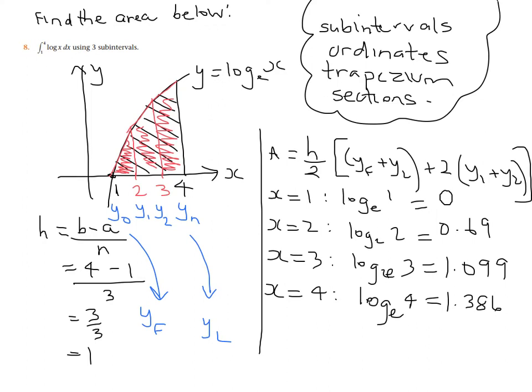So we can see the height of that first one is 0. There is no height there. That's 0.69, that's 1.09 and 1.386. So you can see that's correct in terms of this curve. You don't need to know what the curve looks like, but in this case we do, so we may as well use it.